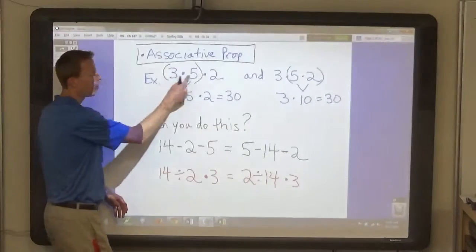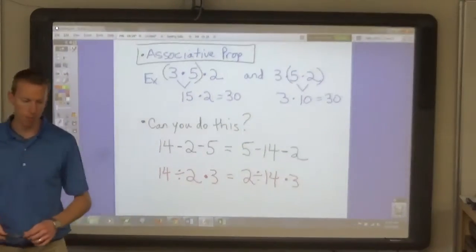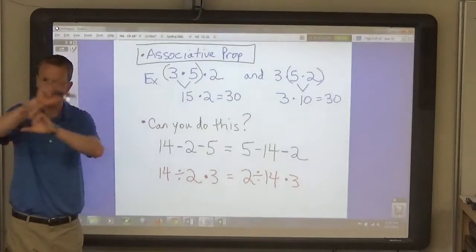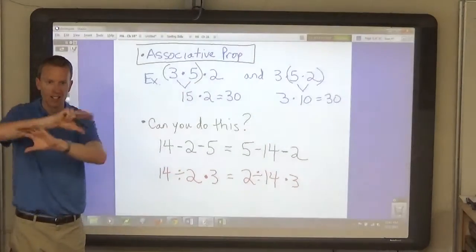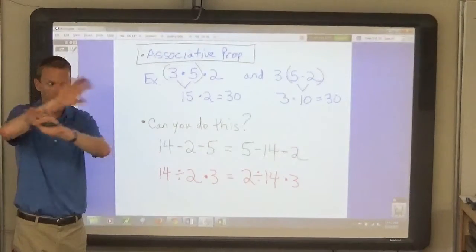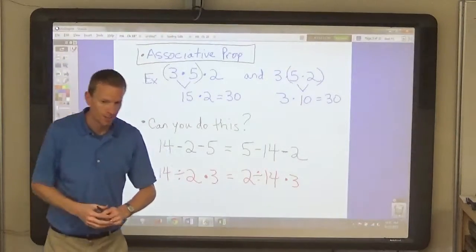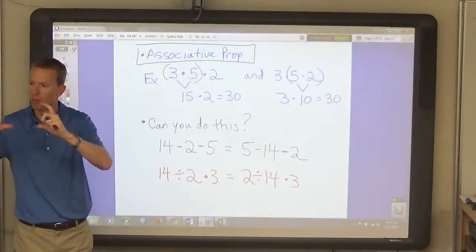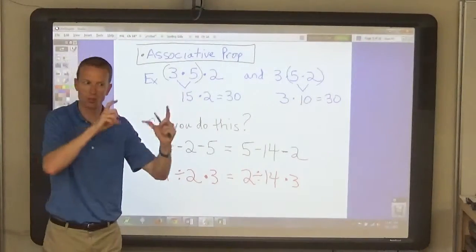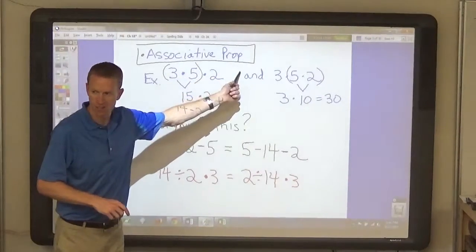See, the numbers are in the same order, and that's a key to identifying what property it is. Look for the order of the numbers. If the order of the numbers is switched, this is the commutative property. Repeat. If the numbers are switched, it's the commutative property. If the parentheses are switched, then it's the associative property. Associative property. Okay.